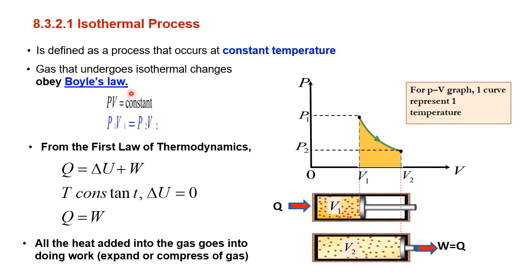Because this process happens at constant temperature, the internal energy of the gas is also constant. Therefore, the change of internal energy becomes 0. Thus, the first law of thermodynamics becomes Q equals to W.